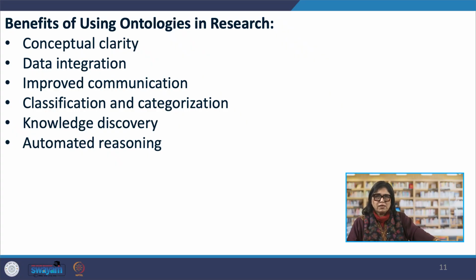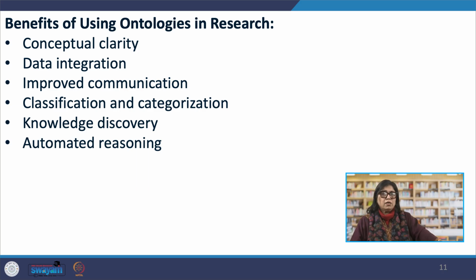By explicitly defining relationships between concepts, meaning the research concepts, an ontology helps researchers to precisely identify and articulate the key elements within their research area, preventing ambiguity and misinterpretation, because ambiguity is very important. Your thought should be very clear.